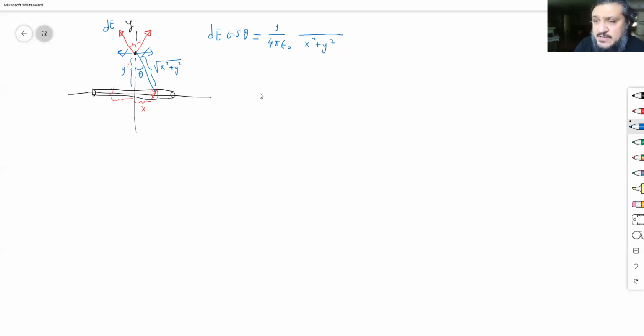Now in the numerator, I'll need dq. If the total charge is q and the length is 2a, then the charge density will be q divided by 2a. All I need to do is to multiply that charge density by dx to find how much charge I have here, dq.